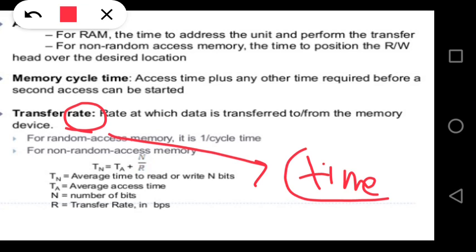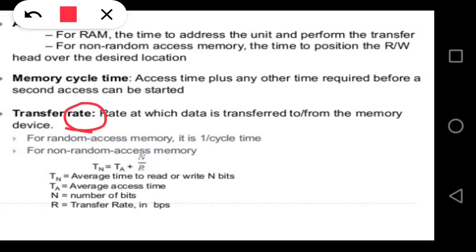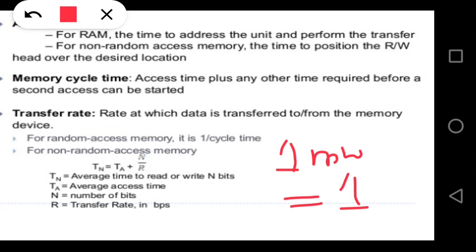The rate, that means you can also refer to as speed. How can you measure the speed in terms of time? Like I can transfer 1 million words in 1 nanosecond. So with respect to time, you are defining the data transfer rate.